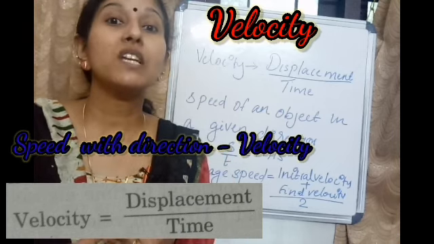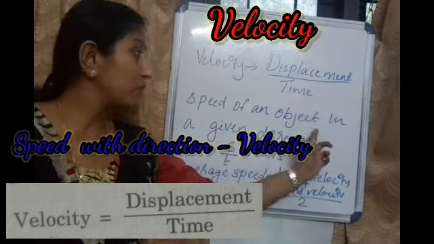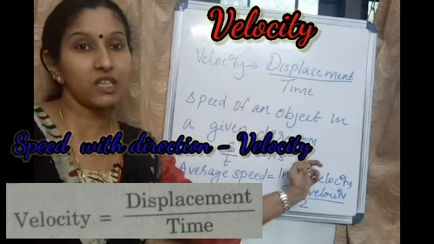Velocity can be defined as the displacement divided by time, or the speed of an object in a given direction is velocity. Speed with the direction is known as velocity, and velocity is equal to displacement by time.